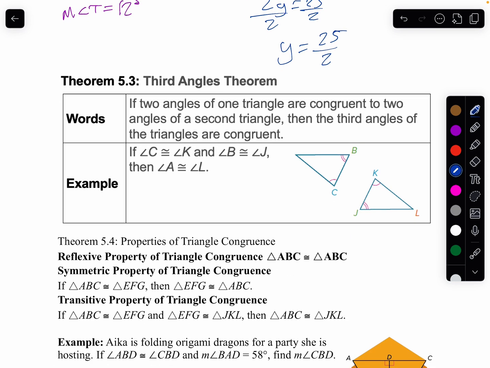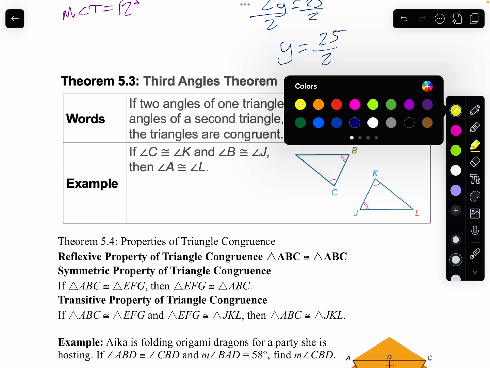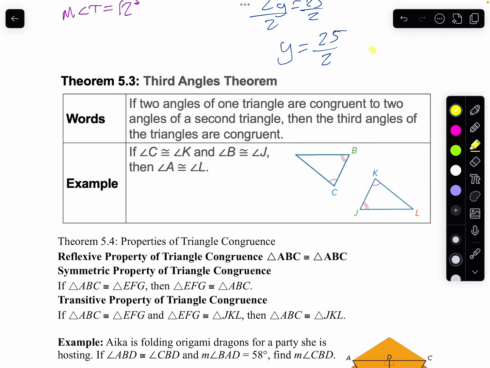We have our first theorem dealing with triangles here. Maybe not our first theorem, but one of our newer ones. It's called the third angle theorem.